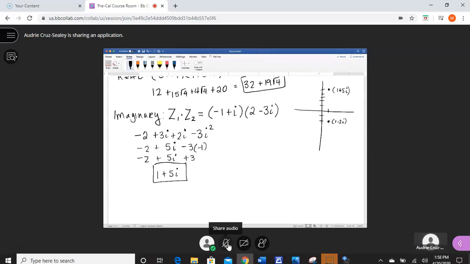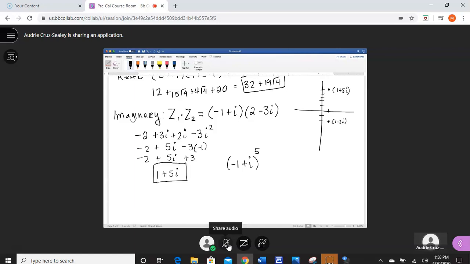If I were to tell you to do something like -1 plus i, don't write this down, I'm just telling you to do something. How do you do -1 plus i to the 5th power? Then you would have to write -1 plus i times -1 plus i times -1 plus i, 5 times. And then you would have to FOIL it all out and simplify and make sure that you don't make a mistake.